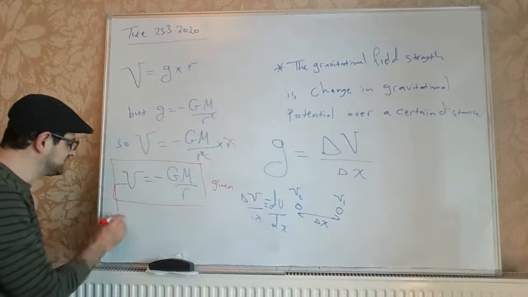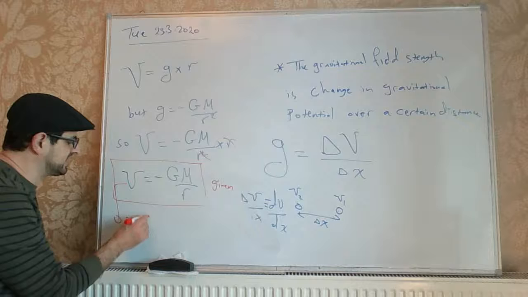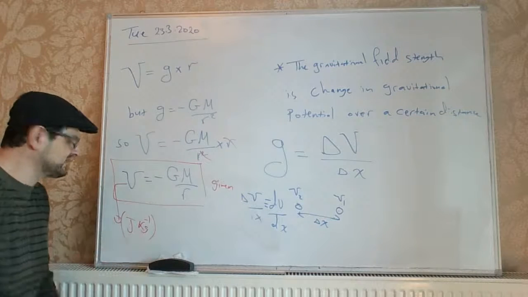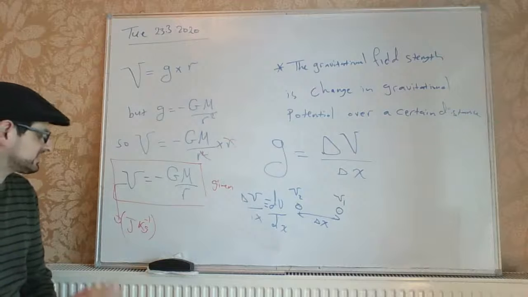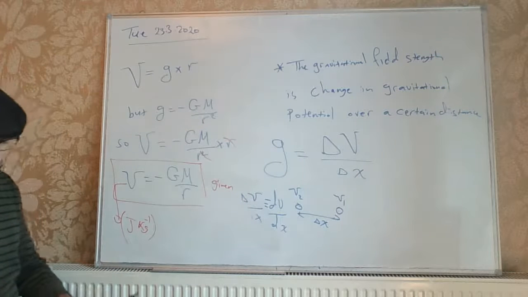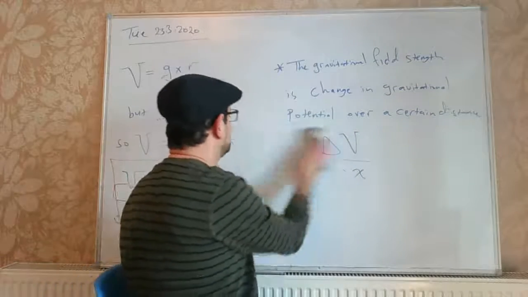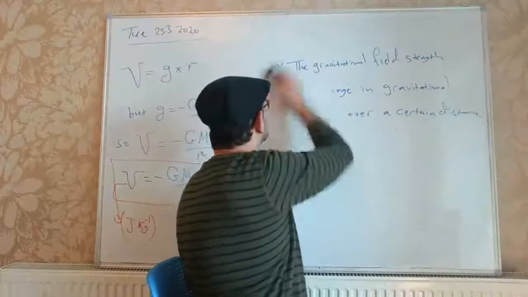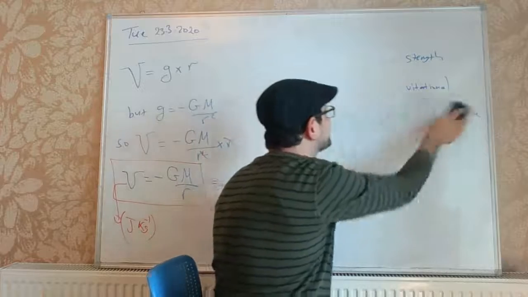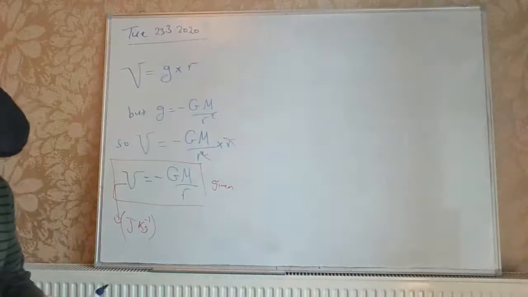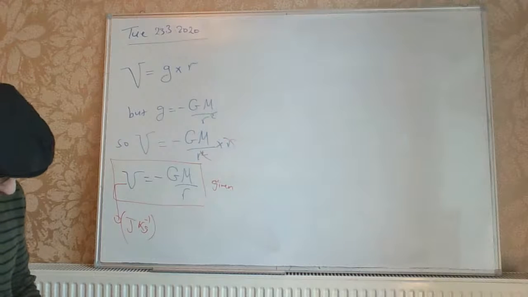And remember, the unit is joule per kilogram. They may ask you to show that these two are the same units, it's easy, you can do it. If you did not, just let me know, I will do it for you later on. So this is the gravitational potential at a point.